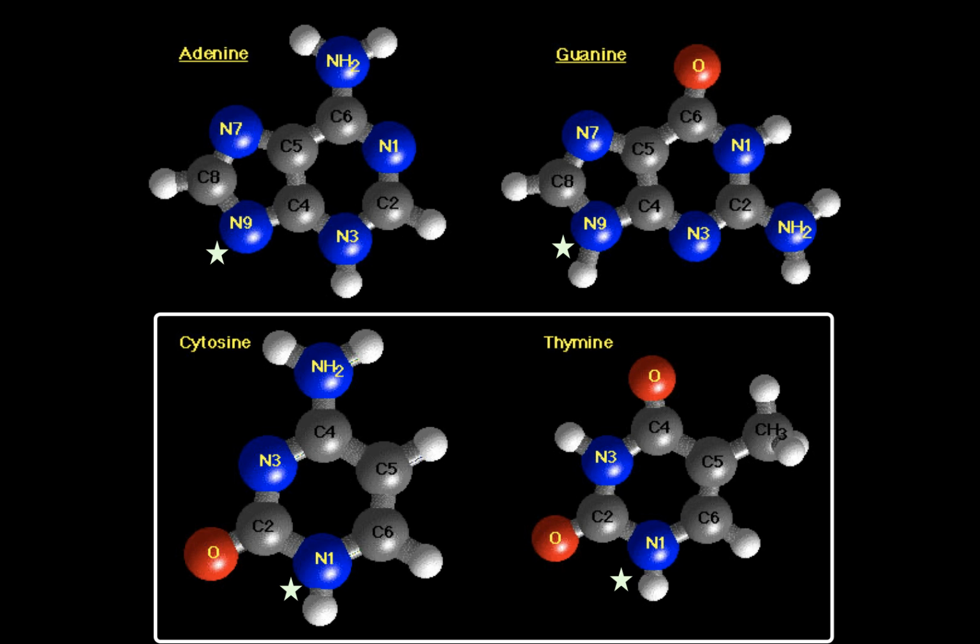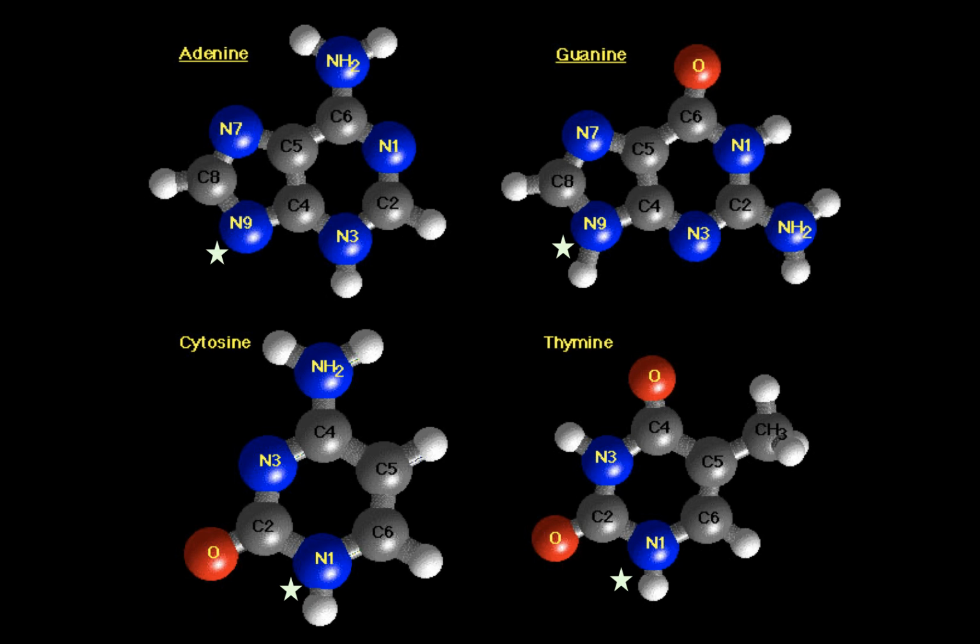And here's cytosine and thymine, and again, the star here indicates where those are attached to the sugar group, or the ribose, in that case, to the number 1 carbon in both cases. And again, for uracil, which is in RNA, this methyl group would be missing. There would be just a hydrogen on carbon 5.